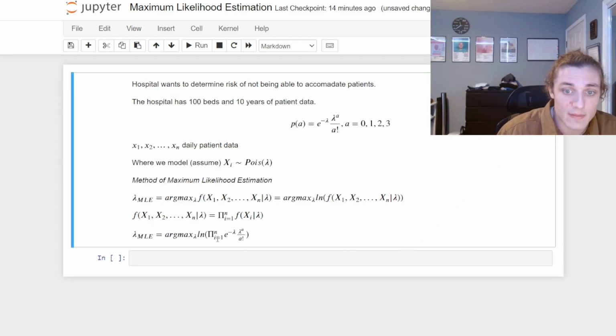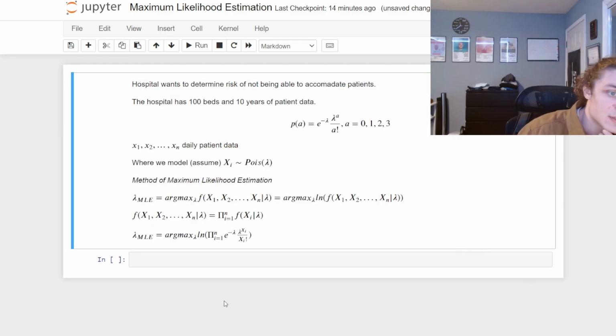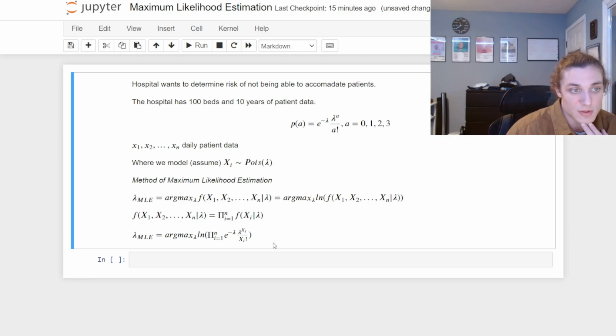So now we have ln, the product of all of these, but instead of a, we are going to be using xi. Remember, this is still the random variable interpretation. So this isn't the data. This is actually the random variable x that follows a Poisson distribution with parameter lambda.